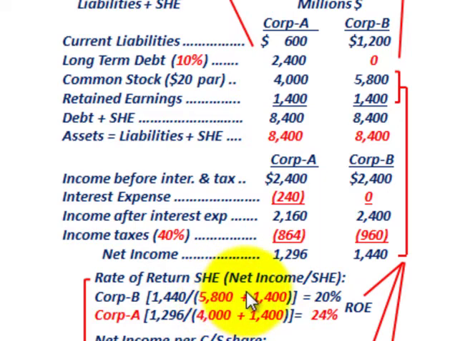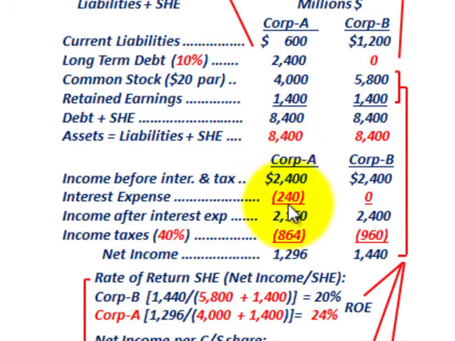And maybe we better go up and look at that one more time. So shareholders' equity for Corp B, remember the common stock was $5,800,000 plus retained earnings of $1,400,000. And then for Corp A, equity in common stock $4 million, and retained earnings the same at $1,400,000.